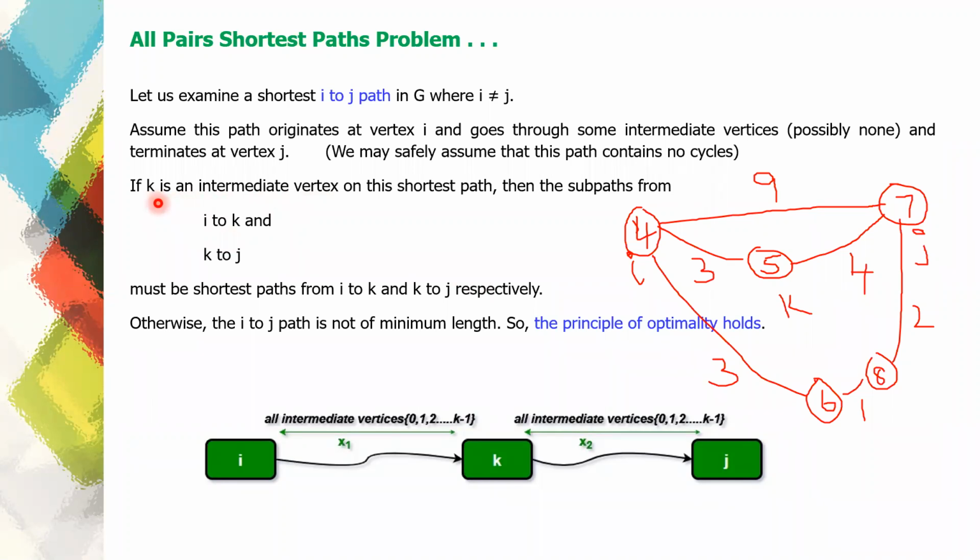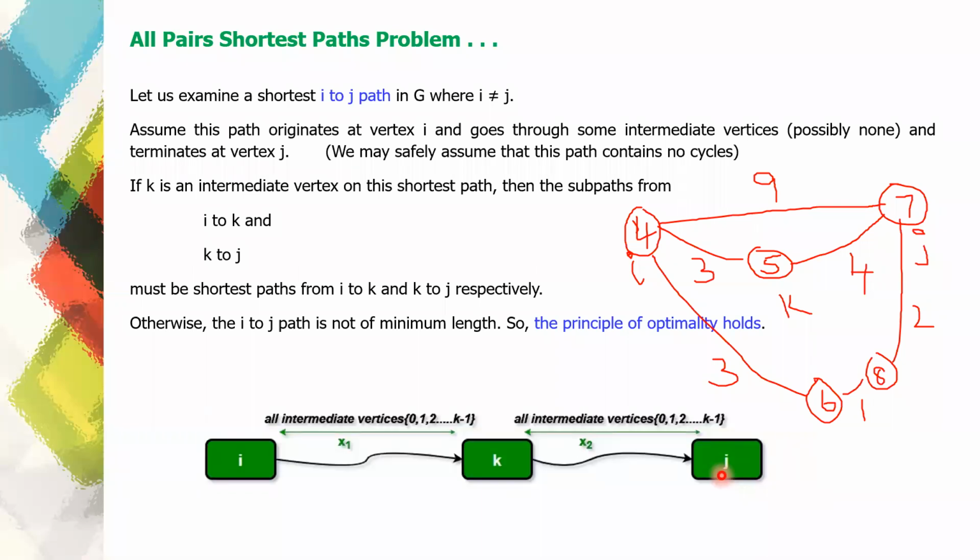And you are going to find out whether this path which leads from i to j via k may be shortest. For the i to j path via k to be the shortest path, the i to k path must be shortest and the k to j path must be shortest.